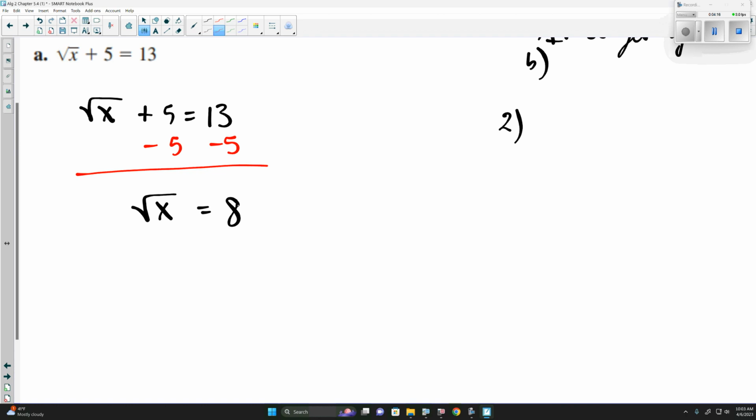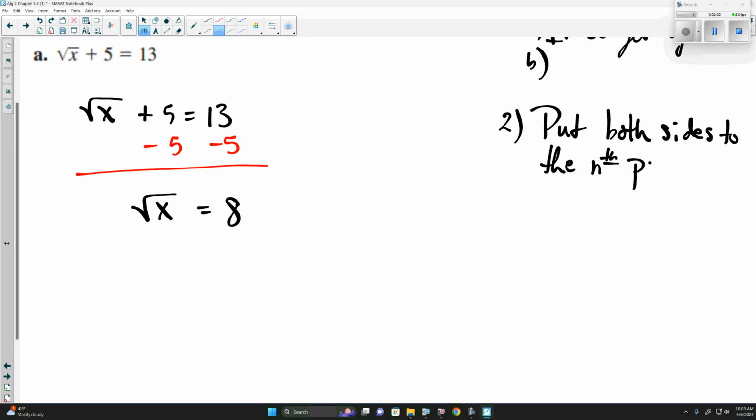Now, once we get the radical by itself, we're going to put both sides to the nth power. Now, when I say nth power, it's really whatever index we have. So here we have a square root.